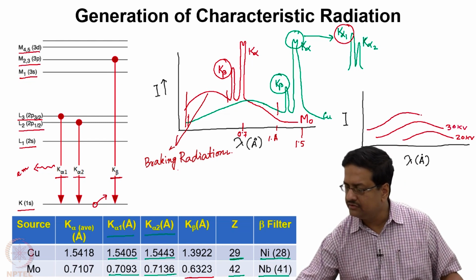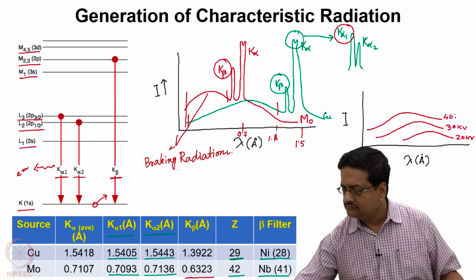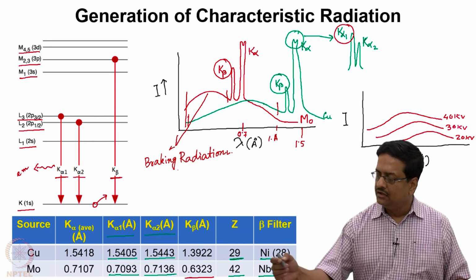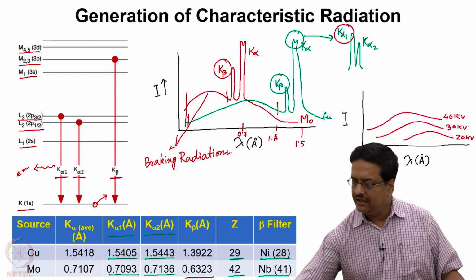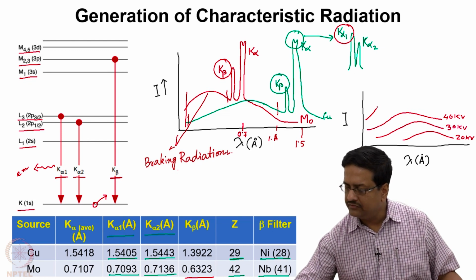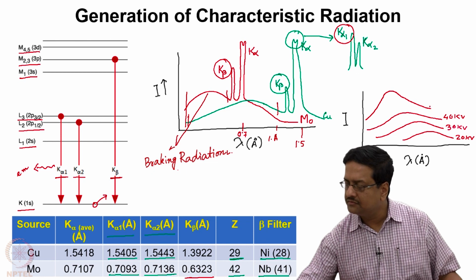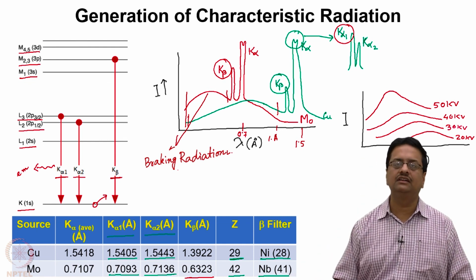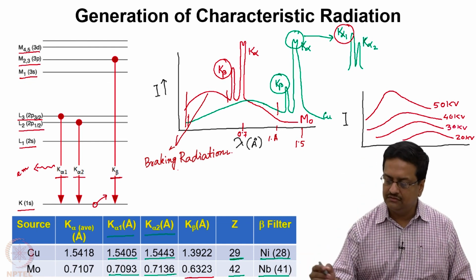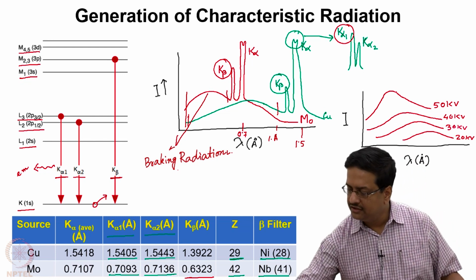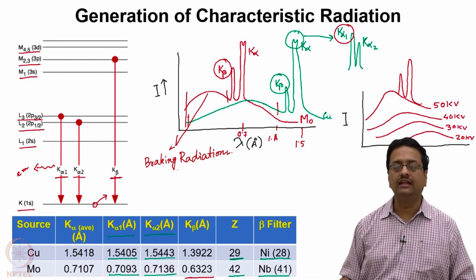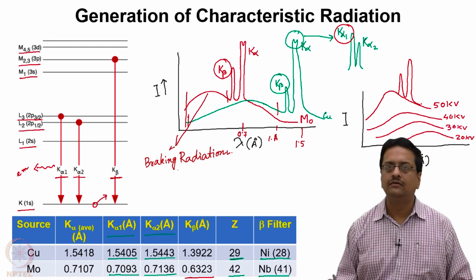In the same manner, if we use even higher, 40 kV, then the maxima shifts further back towards the smaller wavelength, and when we use 50 kV for our experiment, we get a much larger intensity of the braking radiation, and simultaneously, near the end of the braking radiation, we should start seeing the characteristic radiations, and we should then use the characteristic radiations for our X-ray experiment.